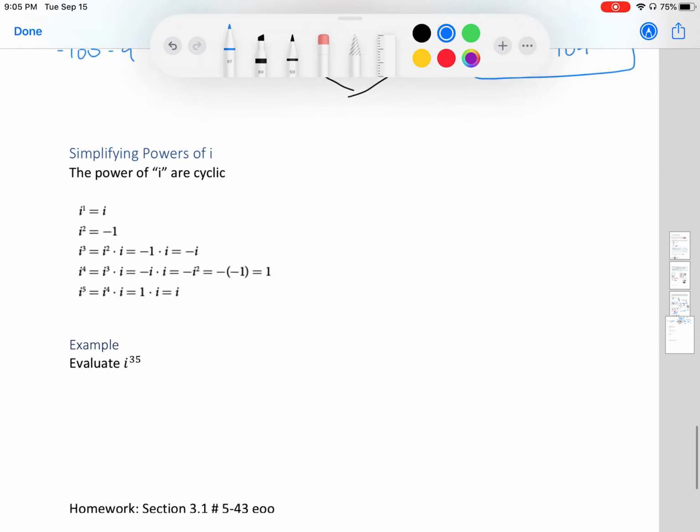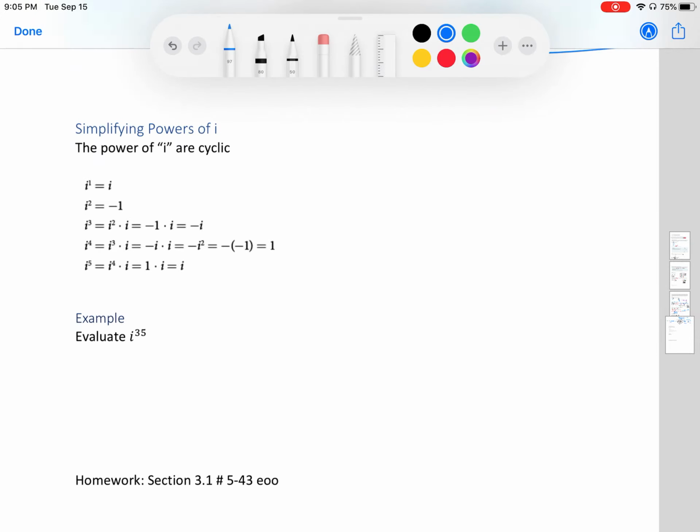All right, last bit, simplifying powers of i. The powers of i are cyclic, meaning they go in a cycle. One that's missing is i to the 0 power. What's any real number to the 0 power? With the exception of 0, we have 1. Okay, we see that there's a pattern going on with our answers.